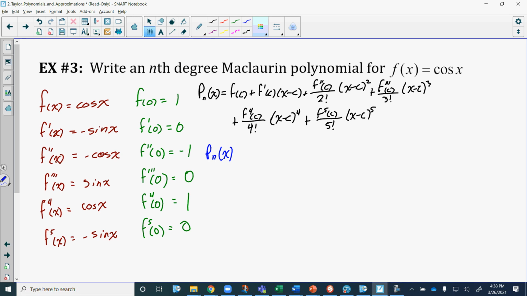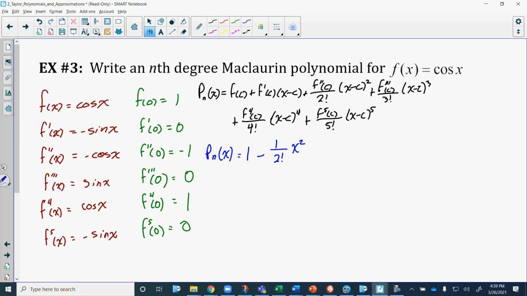So a Taylor polynomial for any degree for cosine of x, okay, we do use the first term. So I'm going to have a 1 here. We use the second term, which is negative. So I'm going to say minus 1 over 2 factorial times x, and x minus 0 is just going to be x squared. So minus, let's just say x squared.